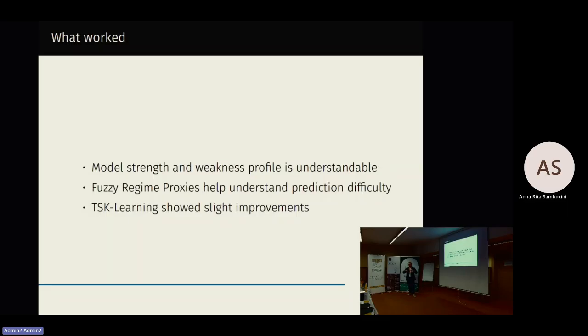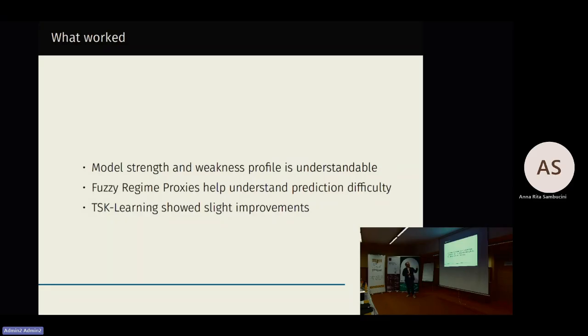But for these people, it's sometimes difficult to understand what a feature importance is, how well it works, and how it influences the uncertainty that we have. And so this kind of strength and weakness profile is easy to understand, and they have a good idea of what to expect the following day in terms of residuals and contingency management.